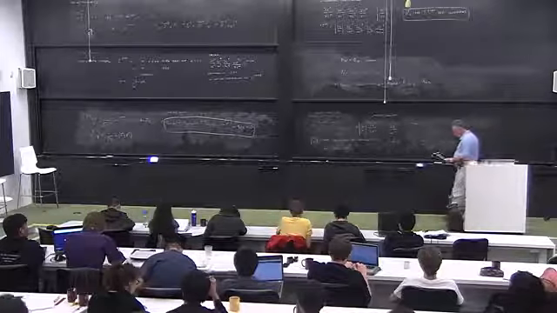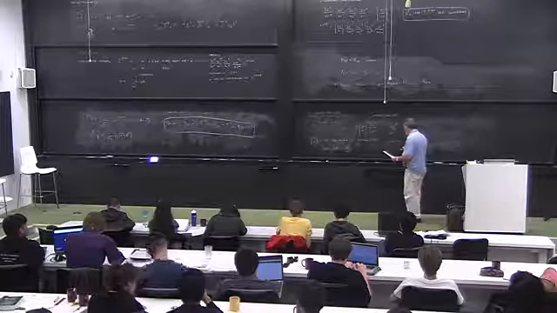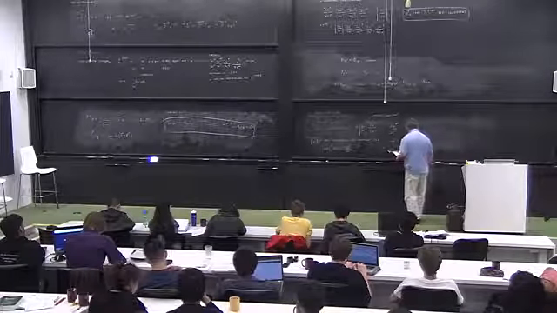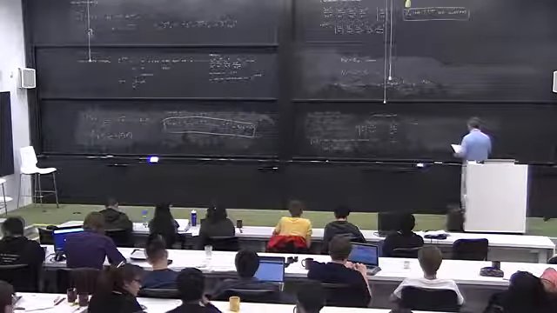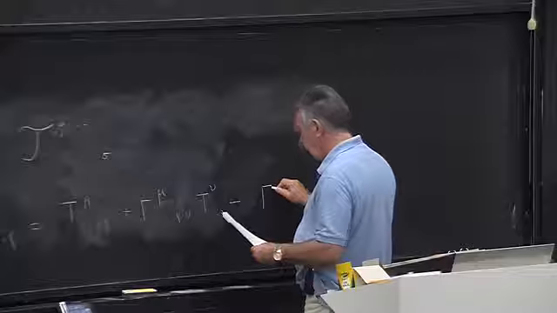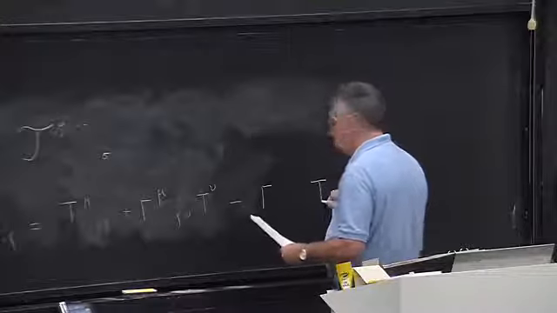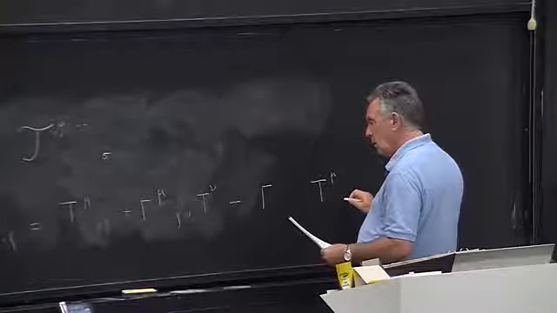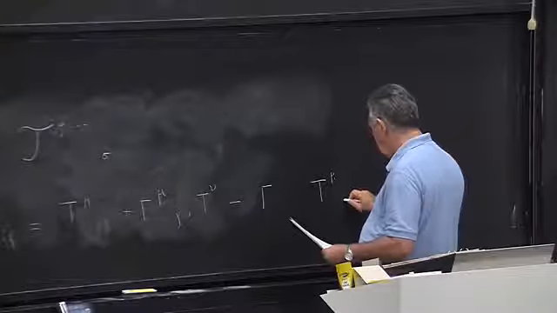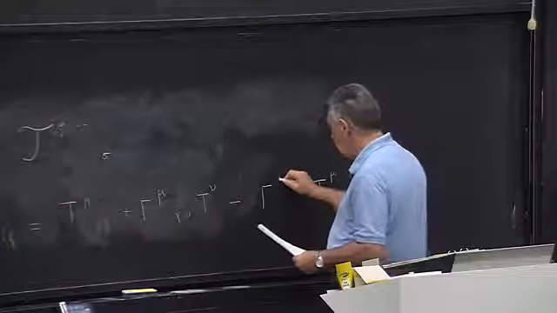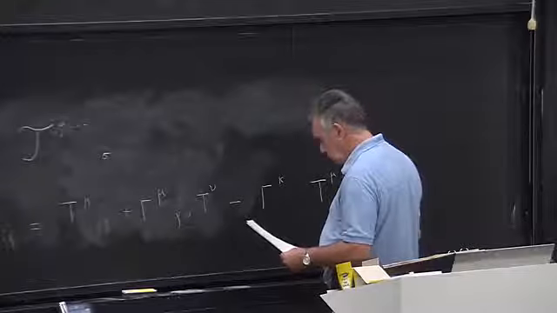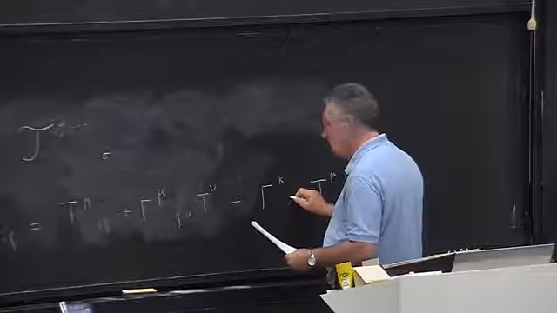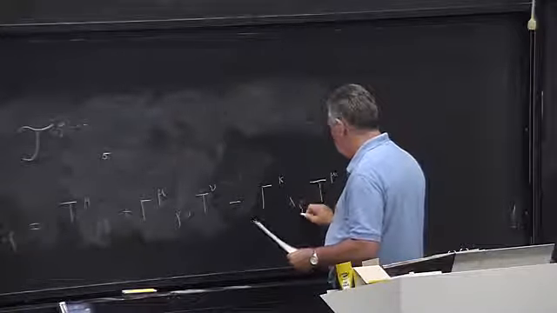But if it also has a lower index lambda, then I need another gamma, call it kappa, gamma^kappa_{nu lambda} T_kappa.